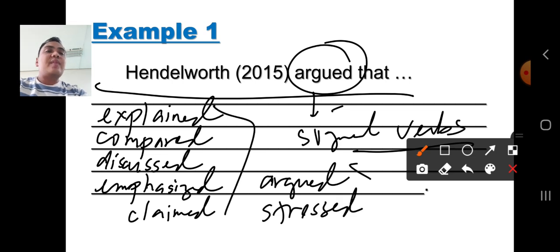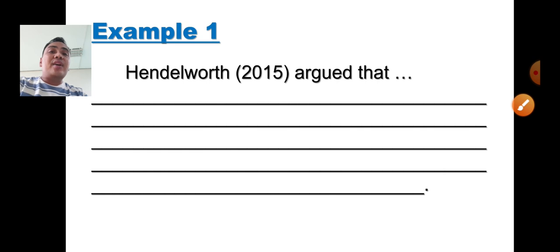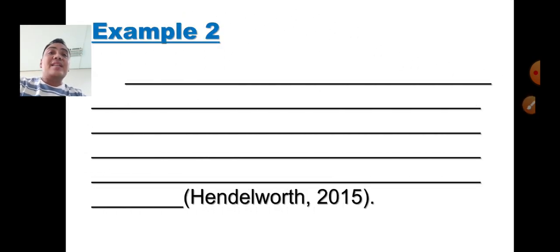So these are some of the few examples of signal verbs that you can use in writing signal phrases. And always keep in mind that signal phrases are used if you have narrative citation, the first type of in-text citation. Okay? So for this point, let's move on to the second type of in-text citation.